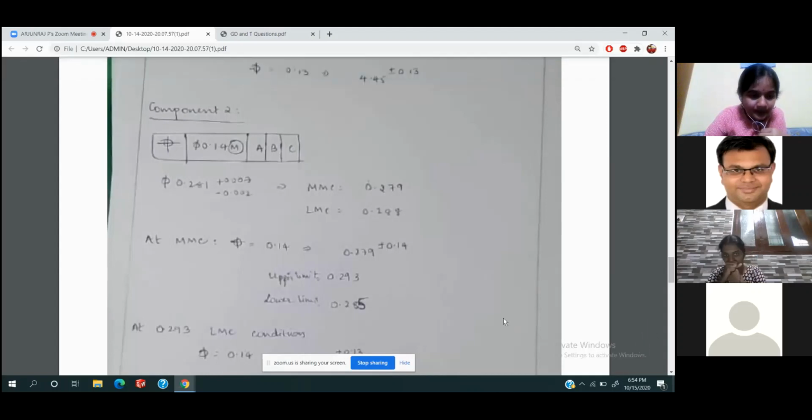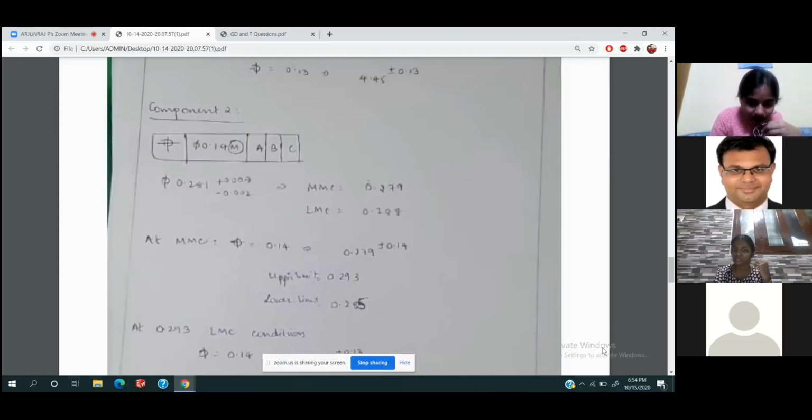What is the value you are going to get at that point? When it is 0.14, the percent tolerance is 279. When it is reaching towards 0.288, what will be the percent tolerance? You saw the result.